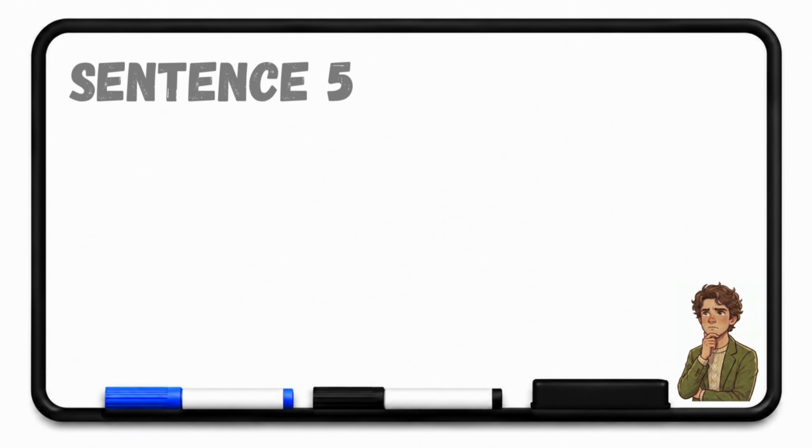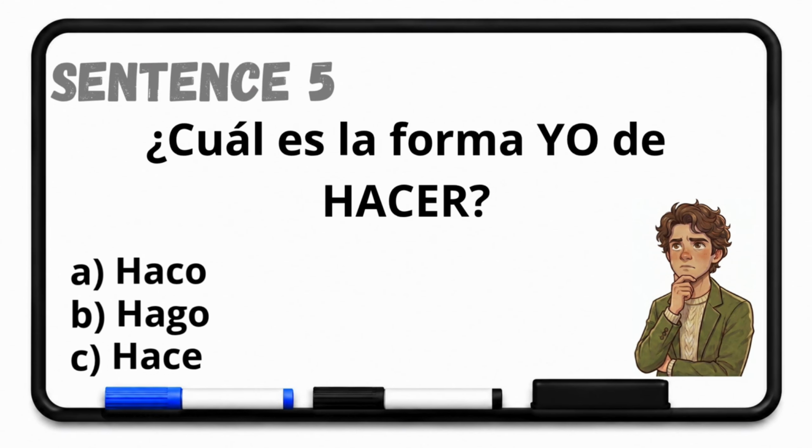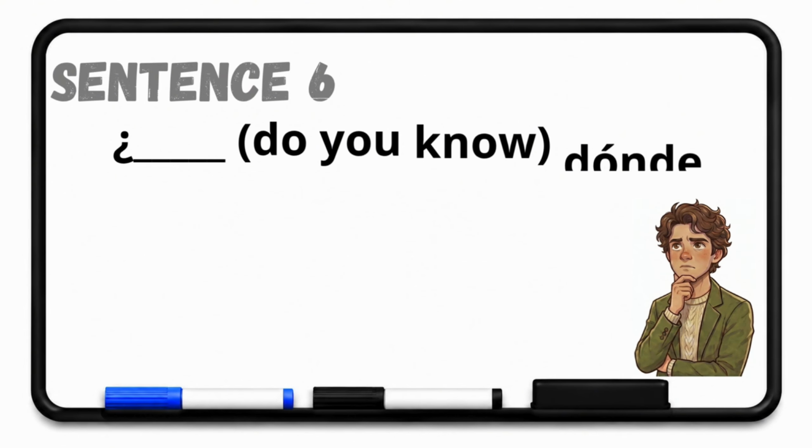Sentence 5. ¿Cuál es la forma yo de hacer? A. ¿Hago? B. ¿Hago? C. ¿Hace? Correct answer. B. Hago. Sentence 6. ¿Dónde está el metro?